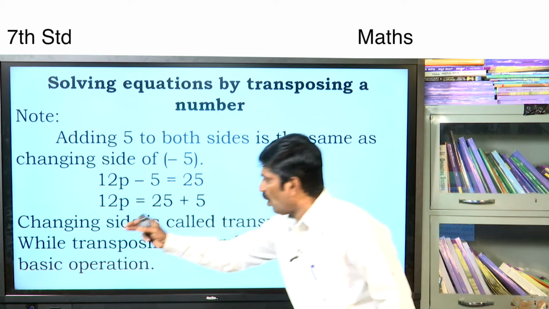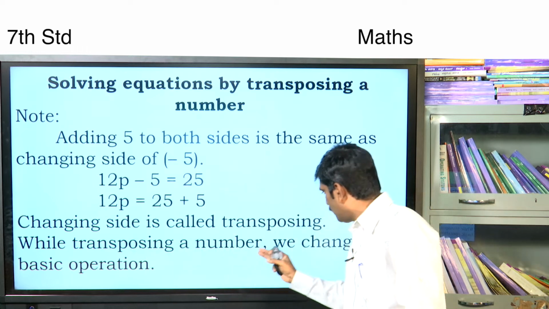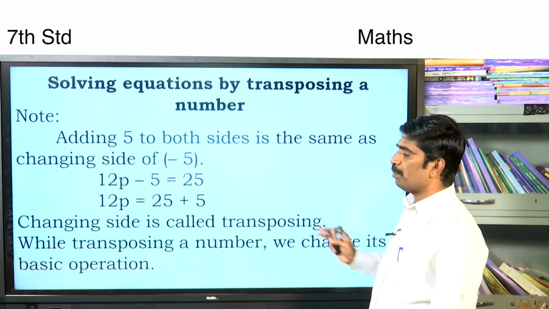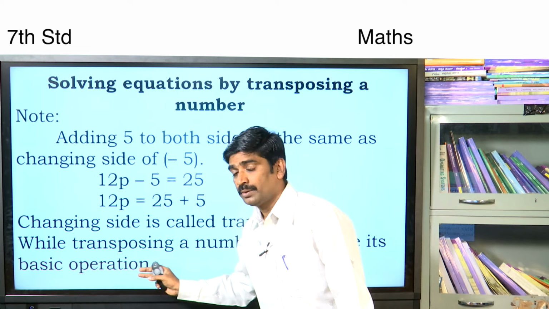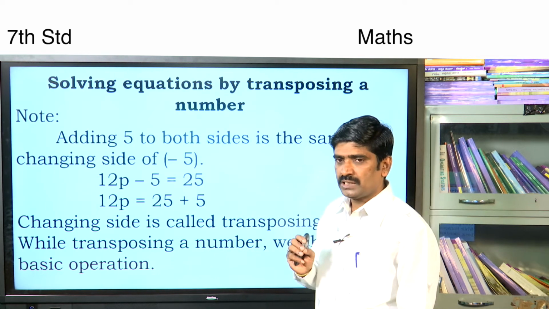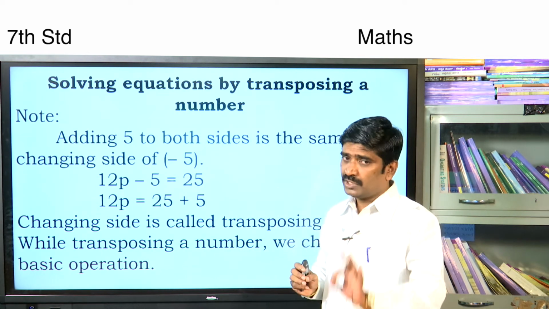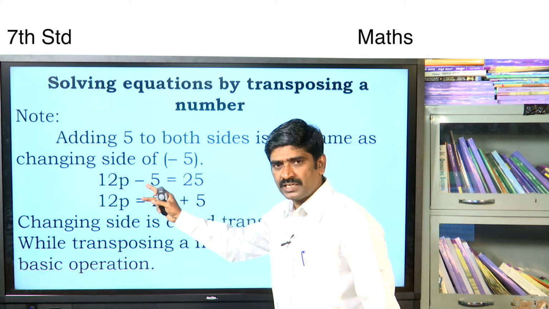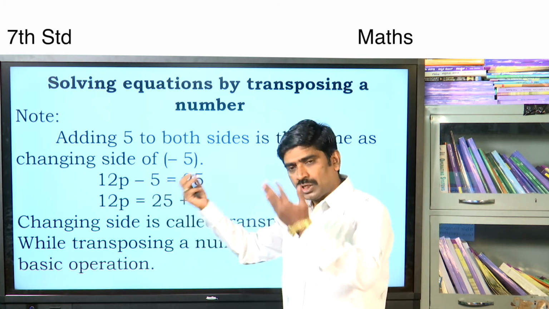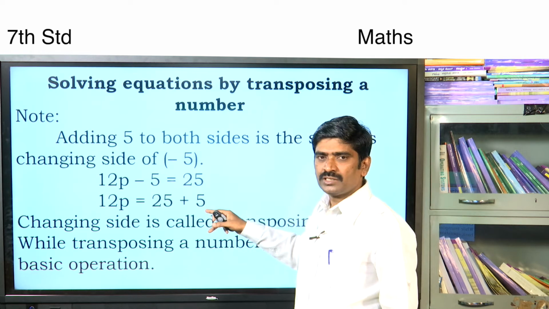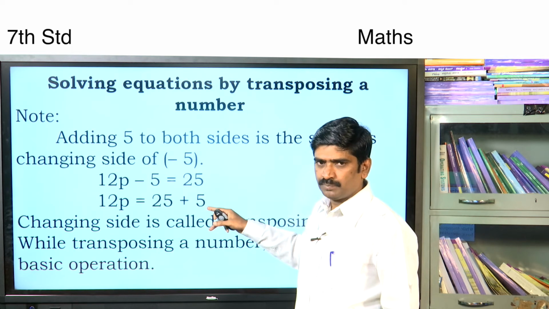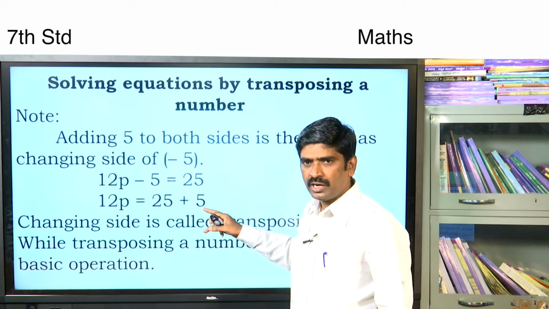That is, while transposing a number, we change its basic operation. Basic operation means addition, subtraction, multiplication, division. Here subtraction is here. When it is transposed to the right side, then it is addition. Subtraction is converted into addition.